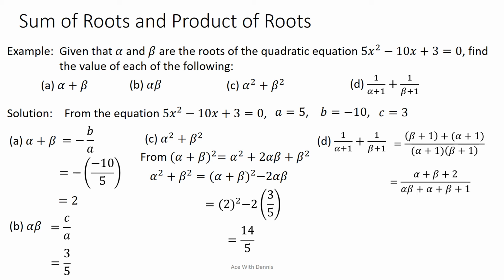Simplifying this, it will become alpha plus beta plus 2 over alpha beta plus alpha plus beta plus 1. And we substitute the sum of the roots and the product of the roots, it will be 2 plus 2 over 3 over 5 plus 2 plus 1. Simplify this fraction, we will get 10 over 9.